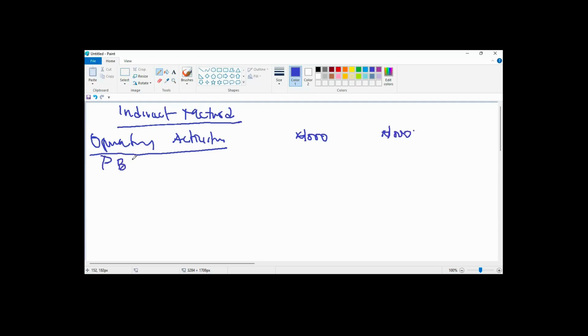What is the profit before tax? It can also be loss before tax: 342. I'll say adjustments for non-cash items. I'll follow the templates.